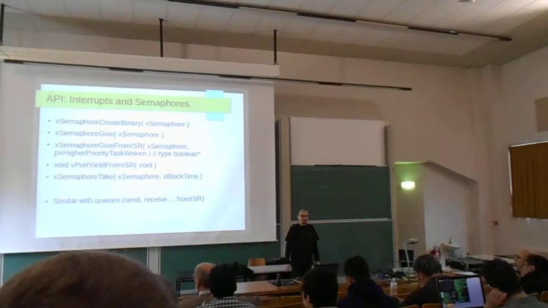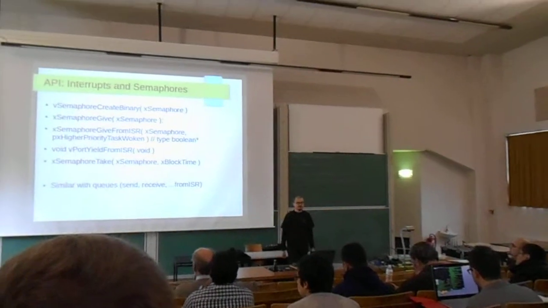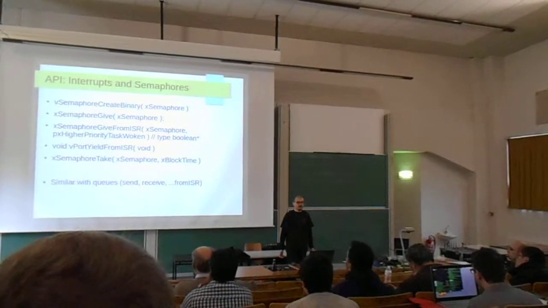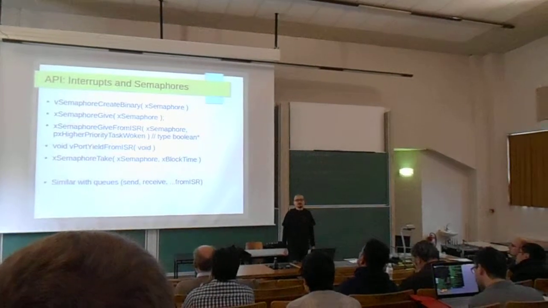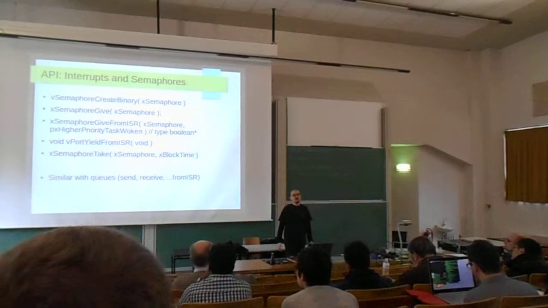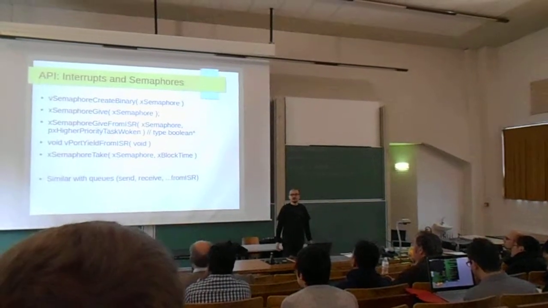We have a semaphore API. Basically, to create a binary semaphore, you give and take them. Something important about interrupts is that a lot of API functions have their from ISR variant.